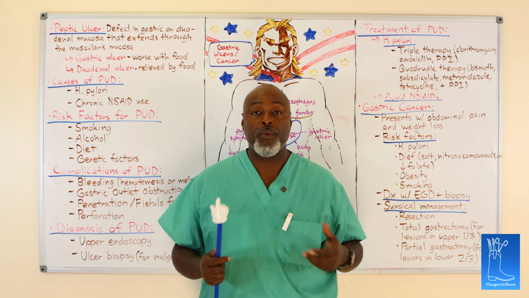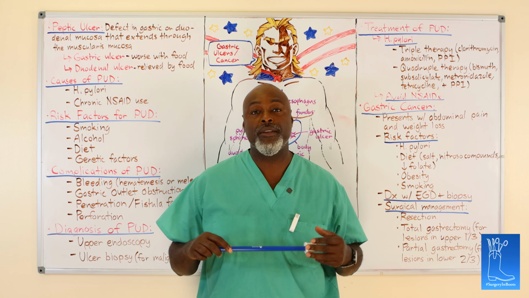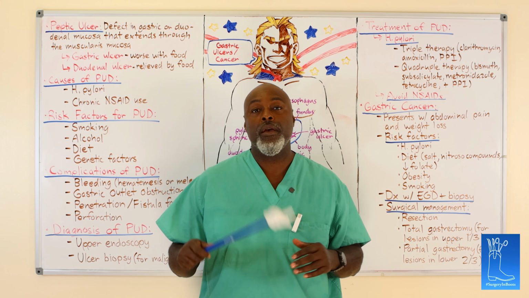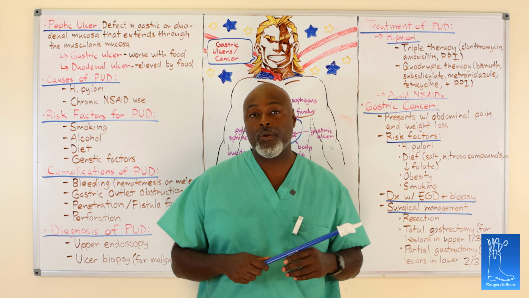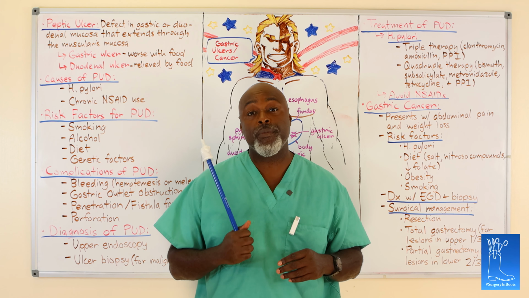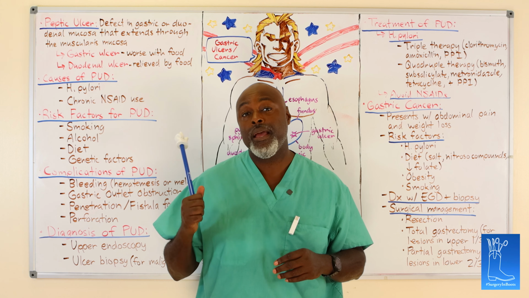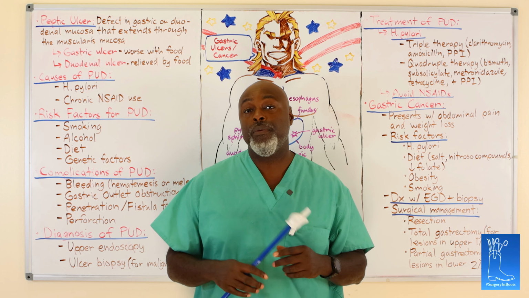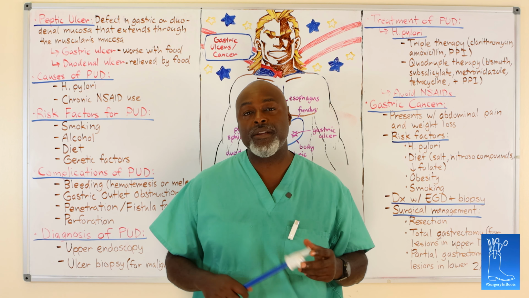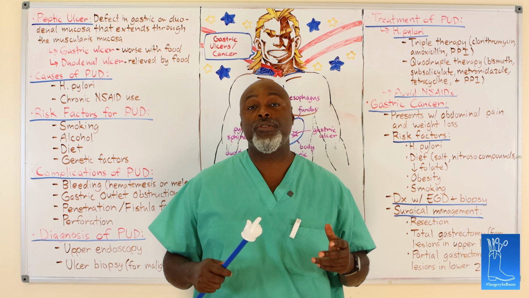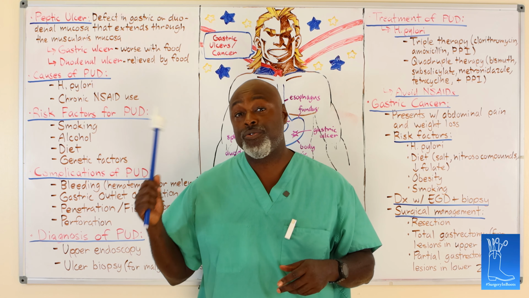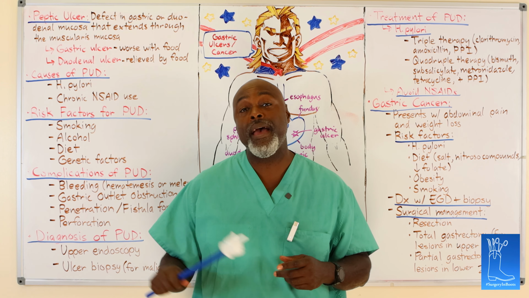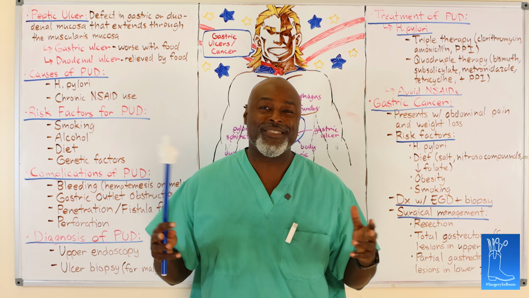The one thing you've got to remember with gastric cancer is early diagnosis is key. If you can't diagnose it early, make sure you prevent someone from getting it by diagnosing their peptic ulcer disease early as well. If you have burning in your stomach, go see your gastroenterologist, your surgeon, or your primary doctor. They will treat you with proton pump inhibitors, Prilosec, a bunch of other stuff.